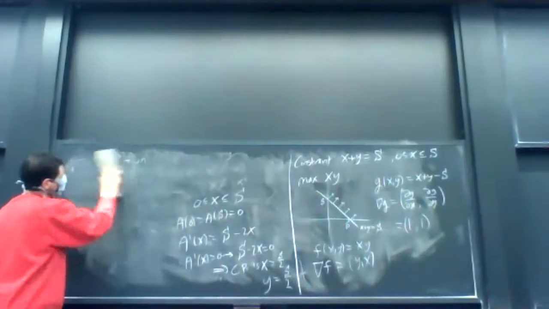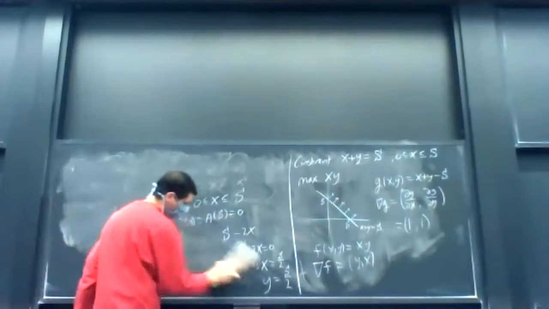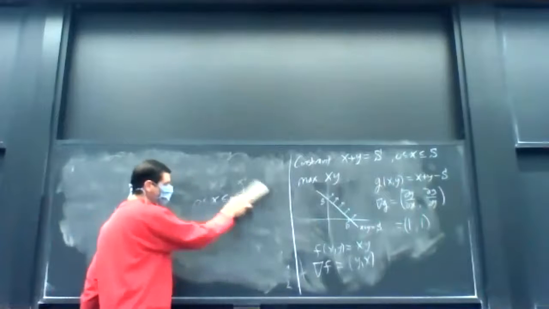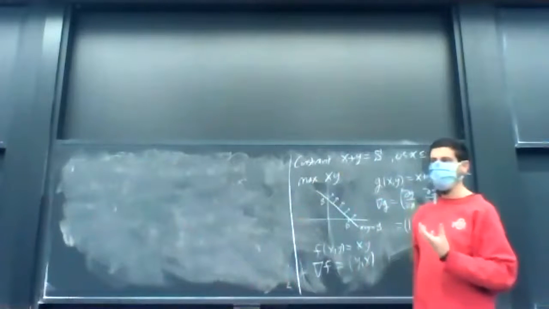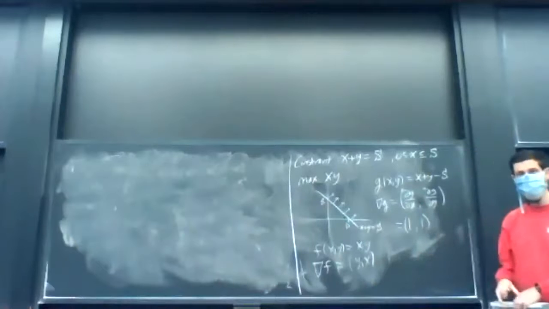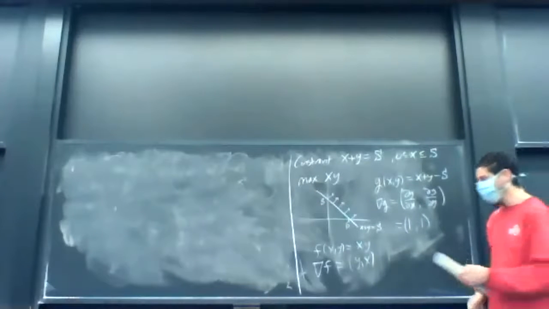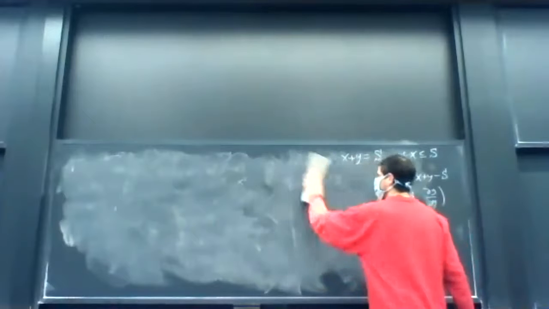So the question is to find the highest point on the surface. A lot of times, if I give you a function f of x, y, you can view the output as your height z. Maybe x and y are your locations on the surface, and z is going to be your temperature or your height.